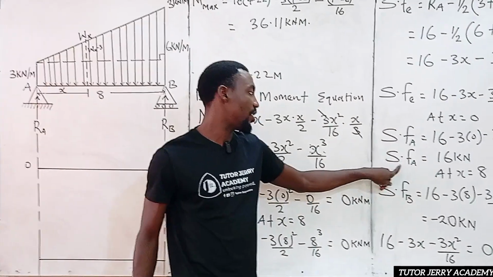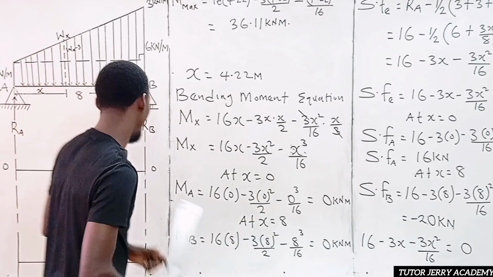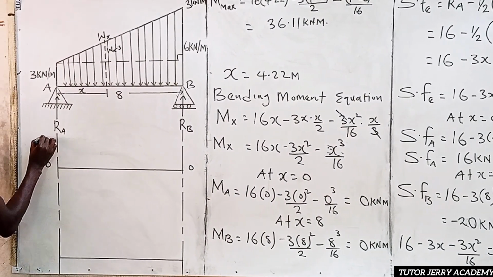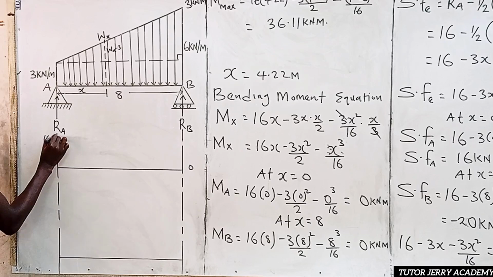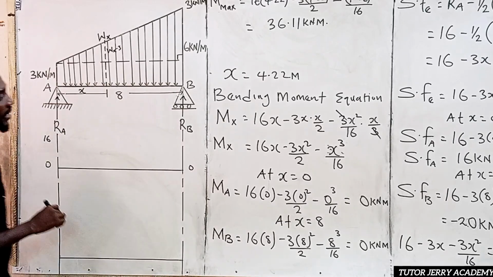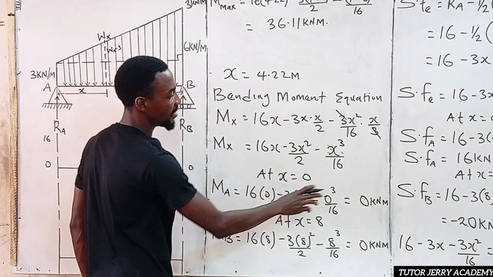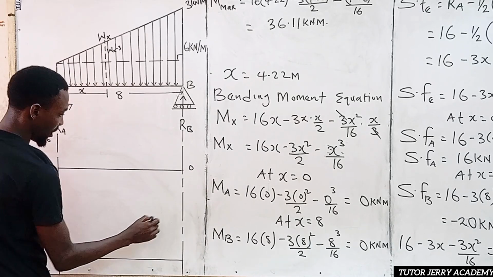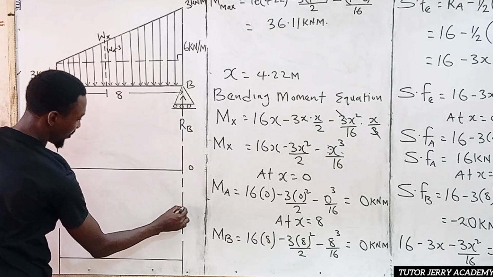The shear force at A is 16. So let's take this place to be our 16. This point here is 16. And the shear force at B is minus 20. Let's take this point here as minus 20.